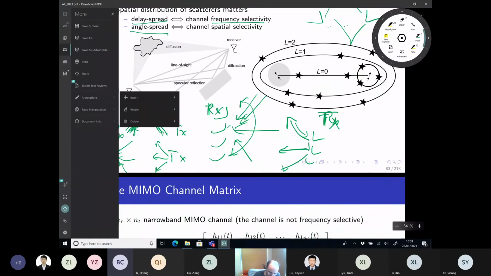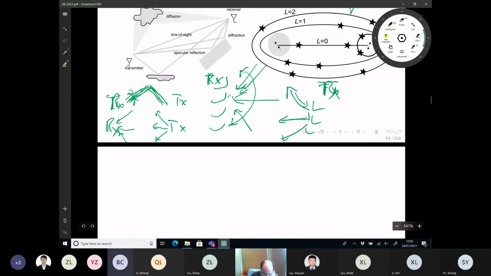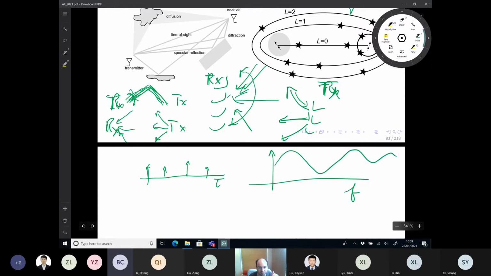So if I view this large delay spread, I have an impulse response in the delay domain, and I have echoes like this, right? If I have a large deviation of those delays and the power of each of those delays, what that means in the frequency domain is that the response of the channel can be quite frequency selective, right?